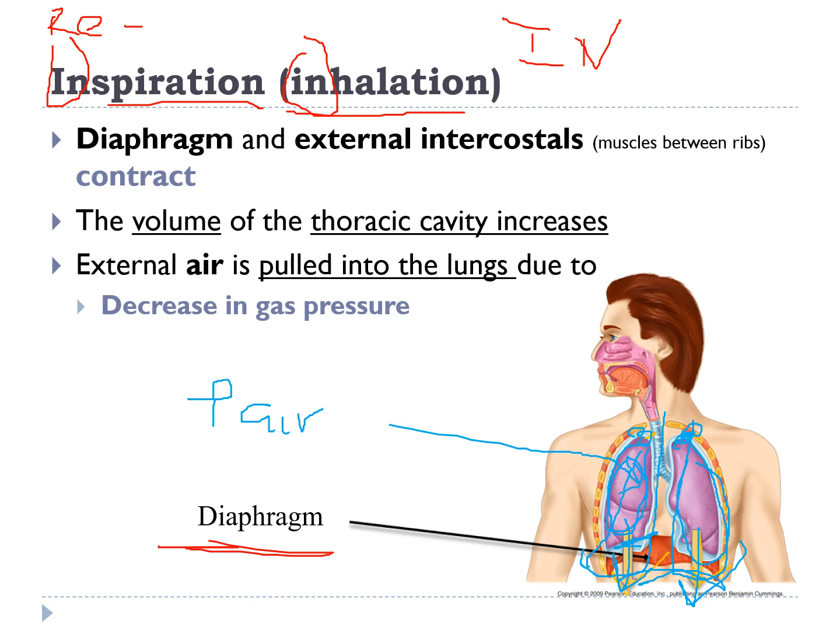And actually, the pressure in the lungs gets lower than what we call atmospheric pressure, or the pressure of air all around us. So as the lungs expand, the pressure inside the lung falls below the level of just the regular pressure of air around us all the time.